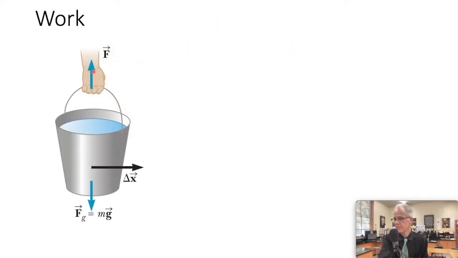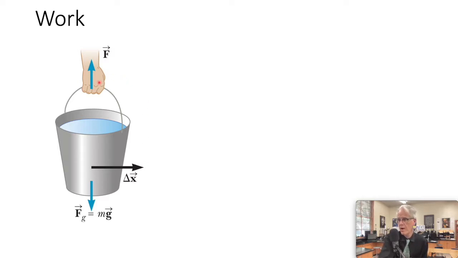Just because there is a force and a displacement does not mean that there will be work done. Let's say you carry a bucket of water horizontally at a constant velocity. The upward force exerted by your hand on the bucket is perpendicular to the displacement, so it does no work.